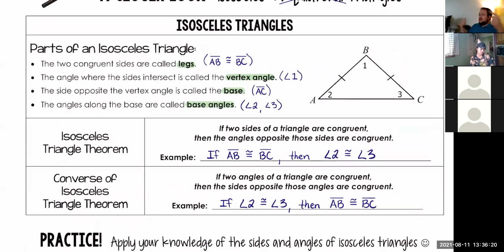So it is saying if one, then the other, but then vice versa. So if you know one, then you know the opposite to be true.